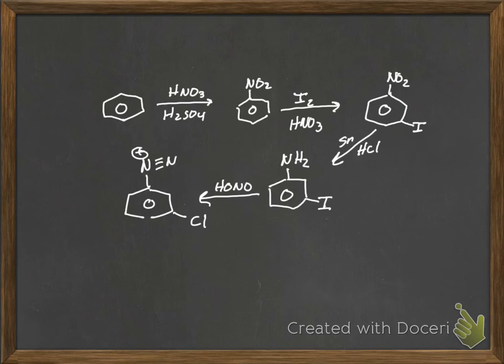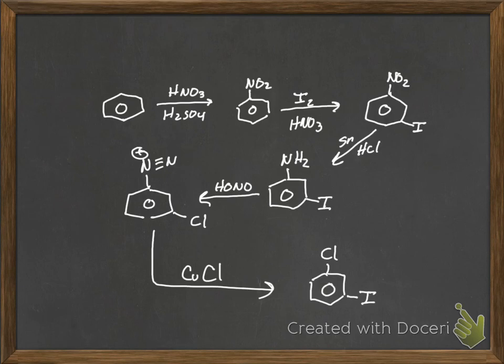Now, I guarantee most of you out there right now are going, trust me here, because we want to go to where there's a chlorine in that meta position. So all we need to add here is copper(I) chloride, and we get our product. So there is more than one way to skin these cats.